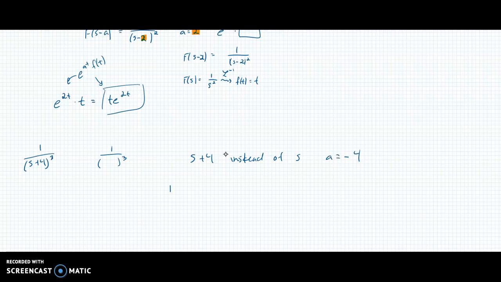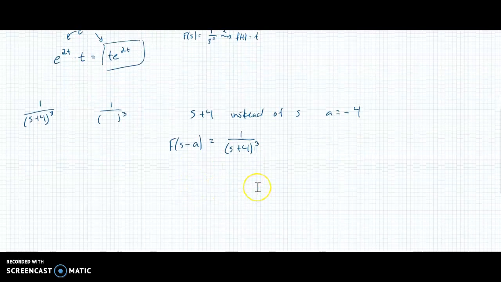Why is that? Because f of s minus a is equal to 1 over s plus 4 cubed. This is a double negative there. In order to get that plus 4, this has to be a negative 4 right here, because that would give me a double negative, which will give me an s plus 4.